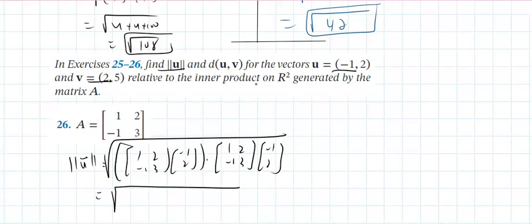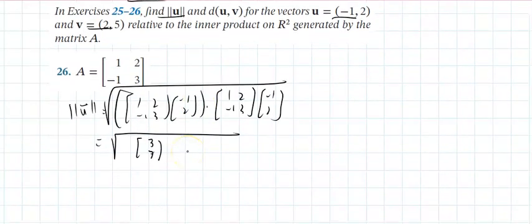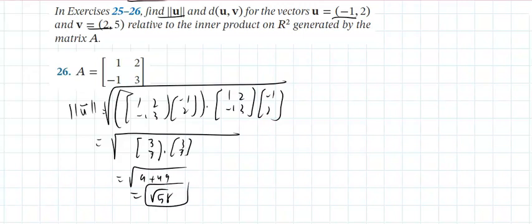That is the square root of, and what would that be? Negative 1 plus 4, 3, and 1 plus 6, 7. Dot it with 3, 7. That will be the square root of 9 plus 49, the square root of 58. You can take a 2 out of that. That will be 26. You could probably reduce that, doesn't matter.